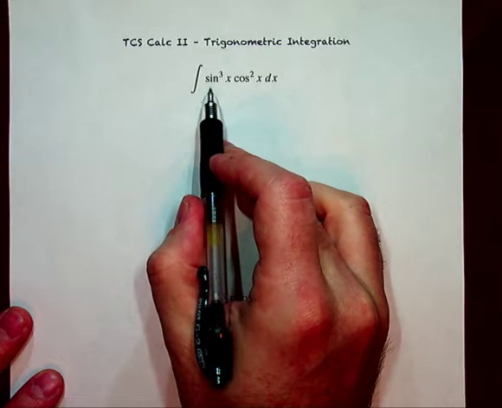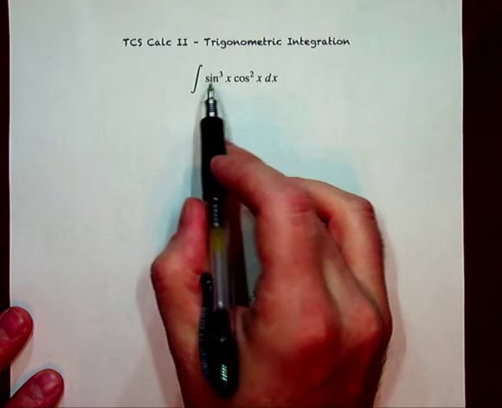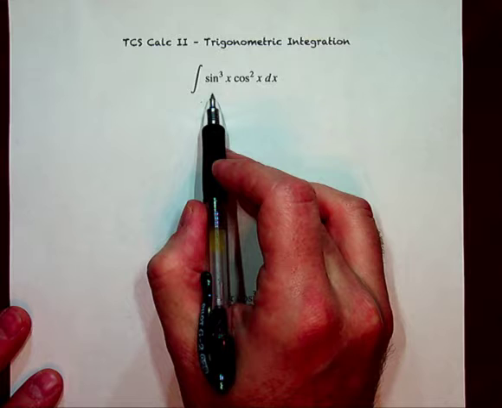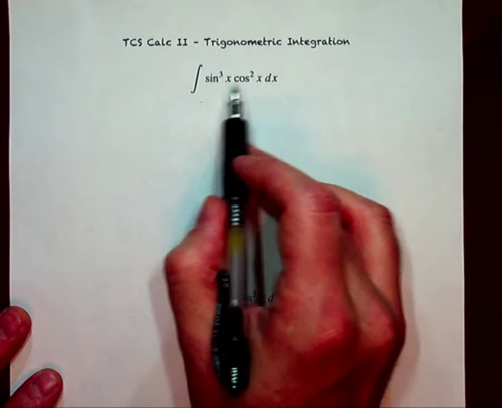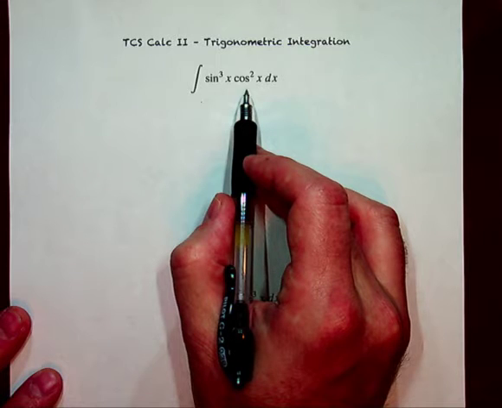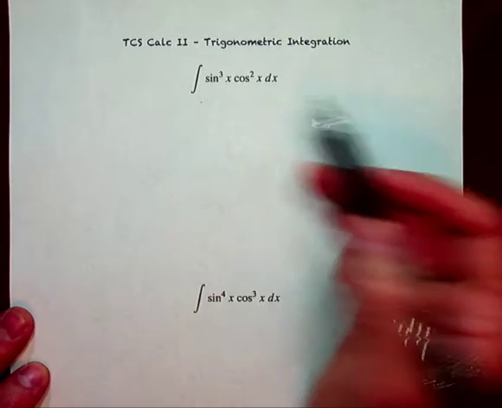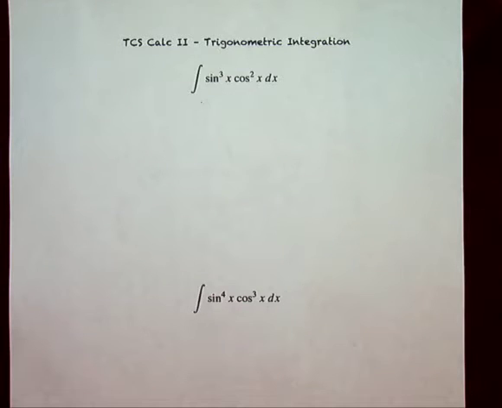Using Pythagoreans, there's no way to get rid of all three of these sine functions. I can only get rid of 2, 4, 6, or 8. Likewise, with this cosine, I can get rid of all 2 of them. But what we need to remember is that when I'm changing sine into cosine, I'm functionally saying I want my u value to be cosine.